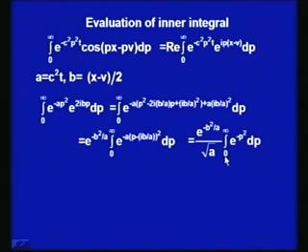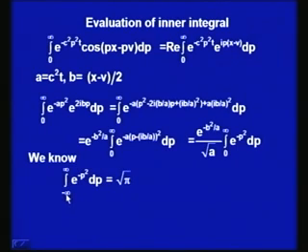Now, this is not a very nice function which we could integrate. This is not an elementary function for which the integral is known to us. But if you remember, when we were doing Fourier series and Fourier integrals, we had evaluated this integral once, and that was the integral from minus infinity to plus infinity of e to the power minus p square dp, which is equal to square root pi.